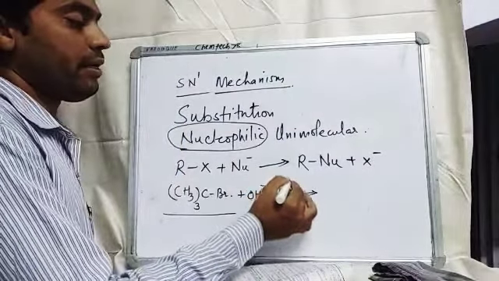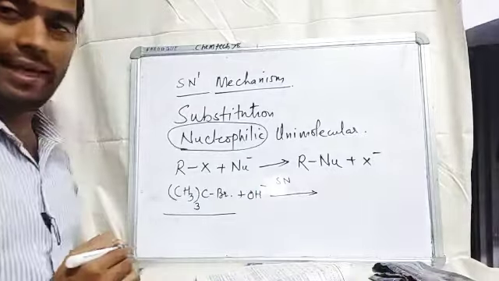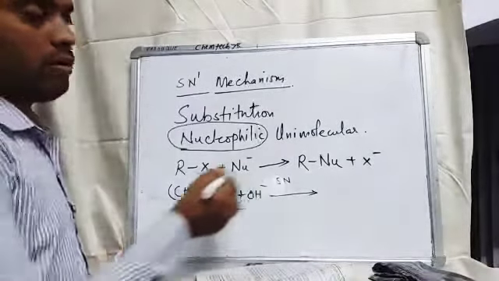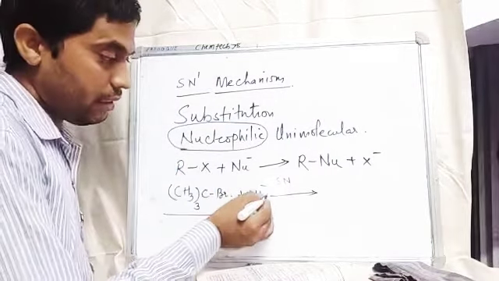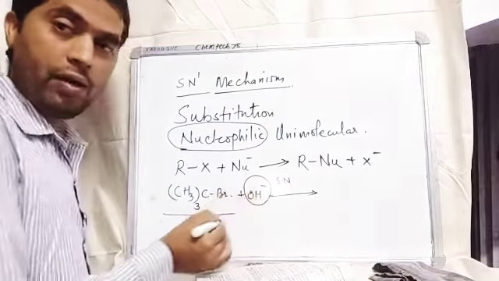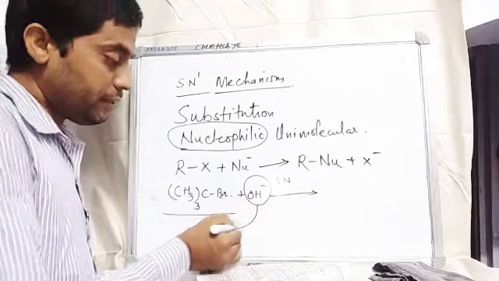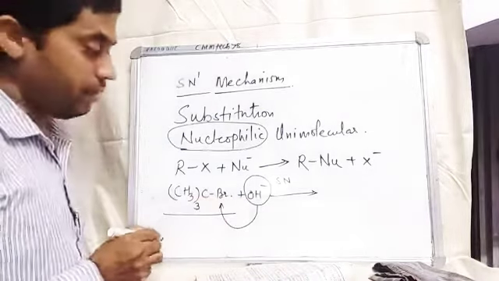That's why we are writing SN reaction, or substitution nucleophilic. Then what happens, this nucleophile, the hydroxyl ion, will substitute the bromine.